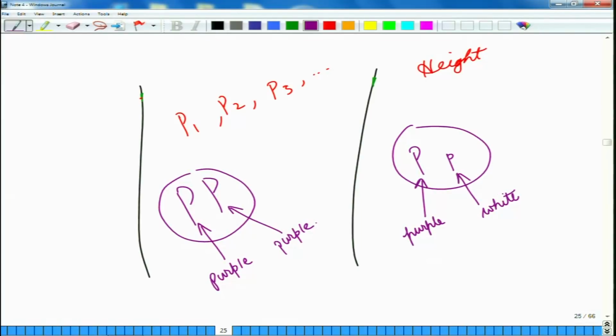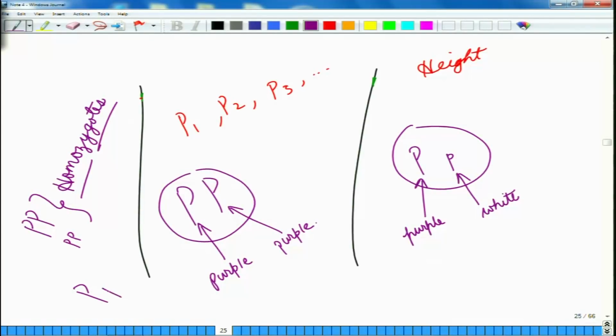Now in case we have capital P, capital P or small p, small p, we call these individuals homozygotes for the gene that is coding for the flower color. Homo means same, and this is a homozygote because both of these alleles are the same. But if one of these was capital and one was small, we will call it a heterozygote.